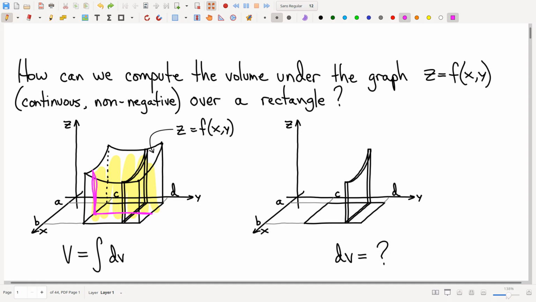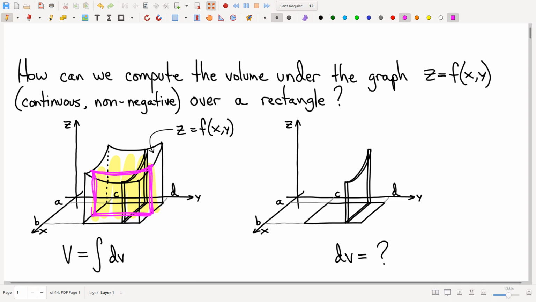What if I had decided to chop it up into slices that look kind of like that? Then look at all of those slices for all of these different values of x between a and b. And then how would I compute the areas of those slices? Well, for each individual slice, I would be doing an integral as y goes from c to d to get my cross-sectional area as a function of x, where x is a constant.